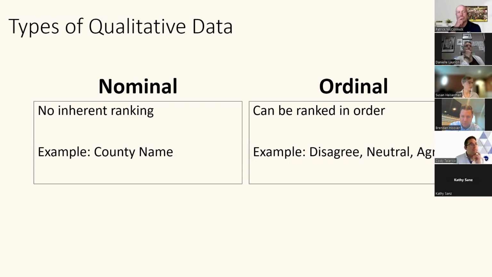What about an ordinal? How would we ask something about the arts and want to receive an ordinal answer? Whether or not you have enough funding. Okay, so what response options would we give to get an ordinal answer for that one?